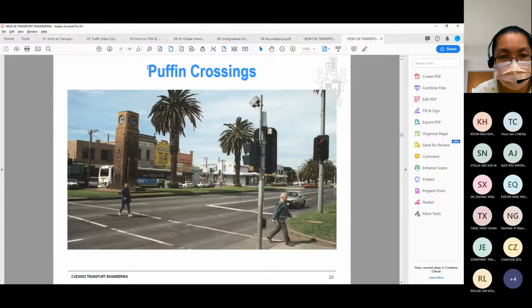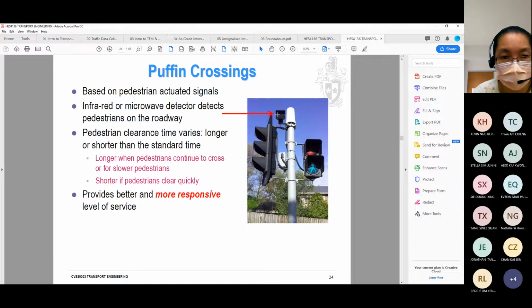And then we have puffin crossing, incorporating infrared detectors, so this will be more responsive for your pedestrians.